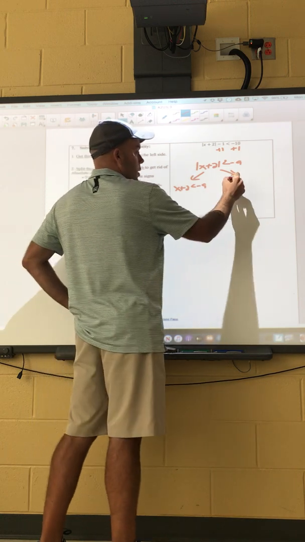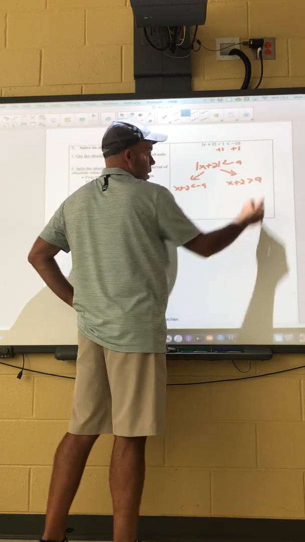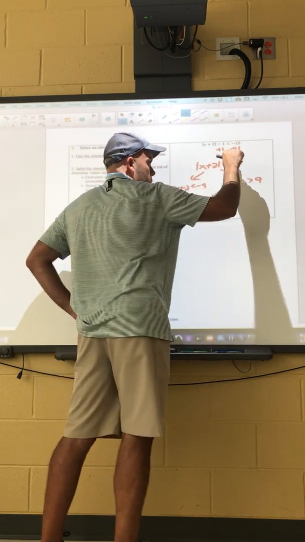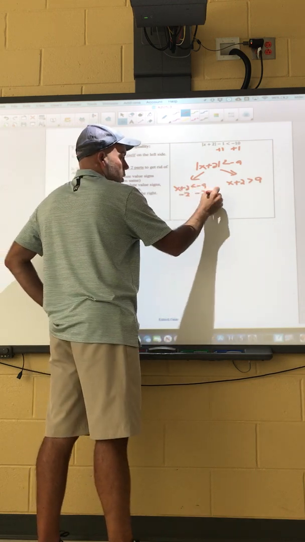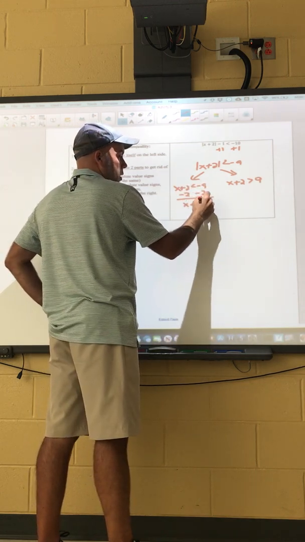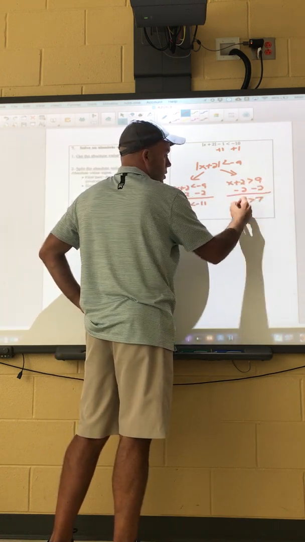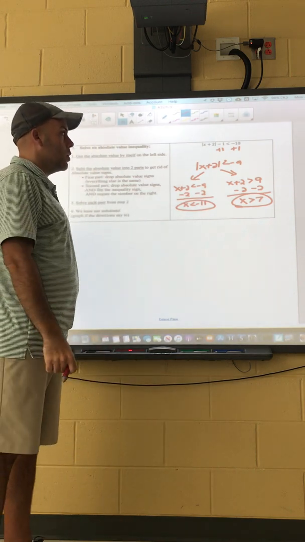And then x plus 2 is greater than +9. So we flipped the sign from less than to greater than, we flipped the number from -9 to +9. Now we're going to solve it. So -2 minus 2, x is less than -11, -2 minus 2, x is greater than 7. So initially it looks like those are our two scenarios, okay?